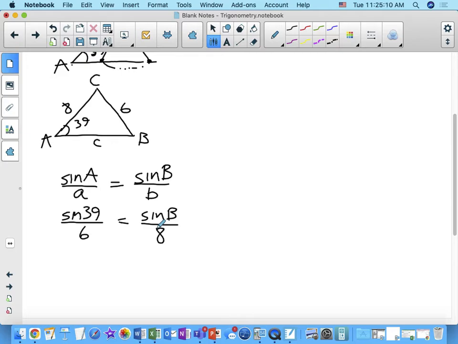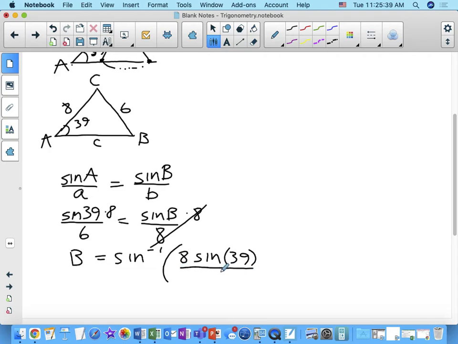To get sine B, I multiply both sides by 8, and I get that sine B equals sine 39 times 8 divided by 6. So if I want to get B, I take the inverse, right? So B is going to be sine inverse of 8 sine 39 over 6. This time I'm going to make sure my calculator is in degrees.